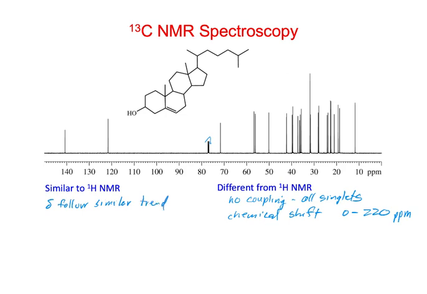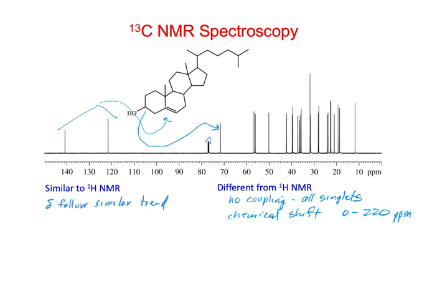In that, for example, on this molecule, these downfield carbons would be for the double bond, right? sp2, we know if we have a proton NMR, the double bond protons are downfield. And the next most downfield one would be for the carbon where the oxygen is, right? So it's kind of in the middle, just like if we look at a proton on a carbon next to an oxygen, okay?